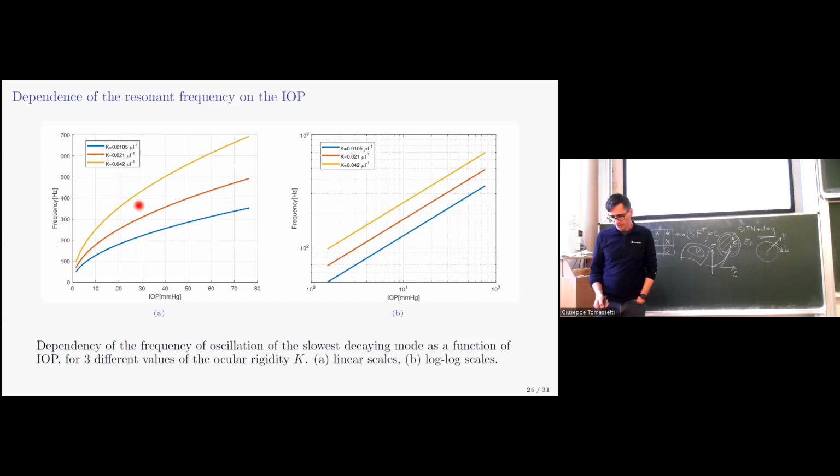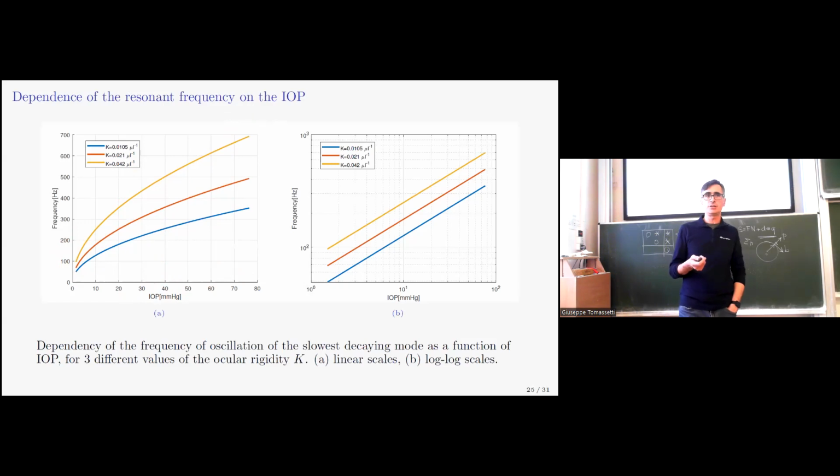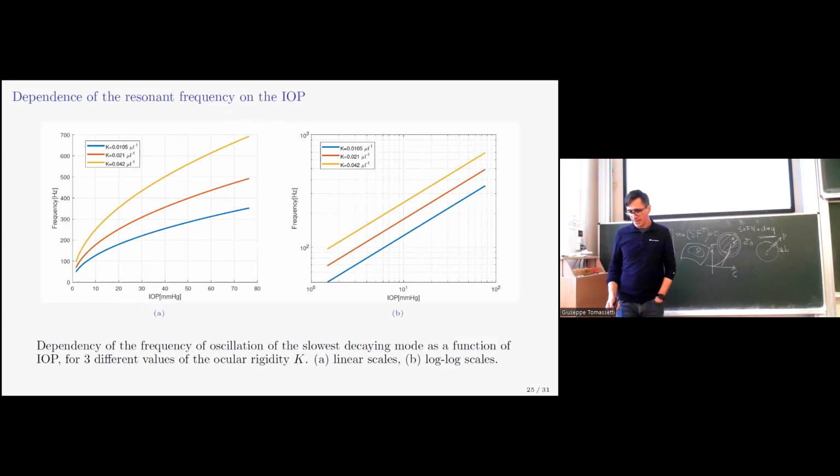This figure, on the other hand, shows the dependence of the resonant frequency of the mode with the lowest damping, the one that is more relevant, on the intraocular pressure and on the ocular rigidity. We wanted to see the effect of ocular rigidity on the dynamical behavior of the system, so we tried three different values.